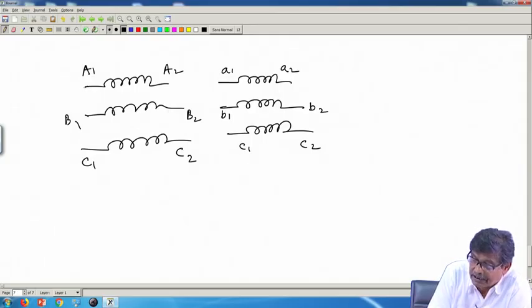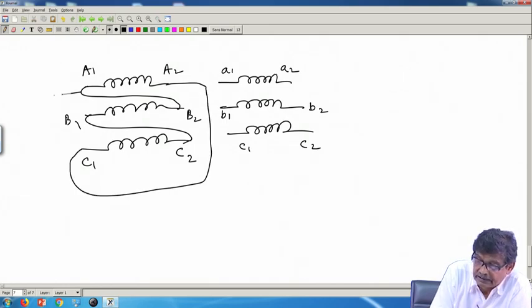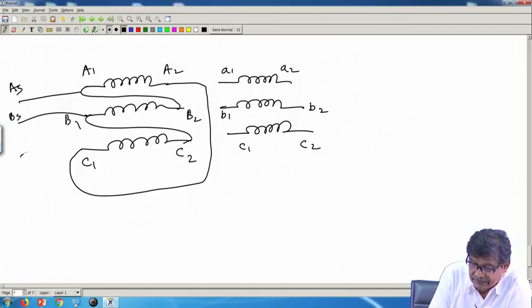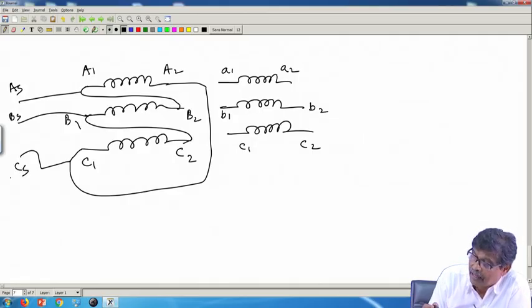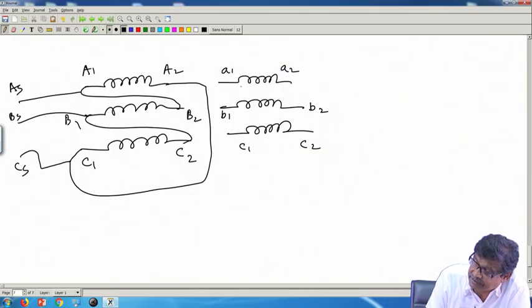And suppose primary I have connected like this, as I have told you, delta, and these are from the junctions, supply AS, supply BS and supply CS. This is known, and secondary I will now connect not this way, but the other way. These are the only two possible delta connections.